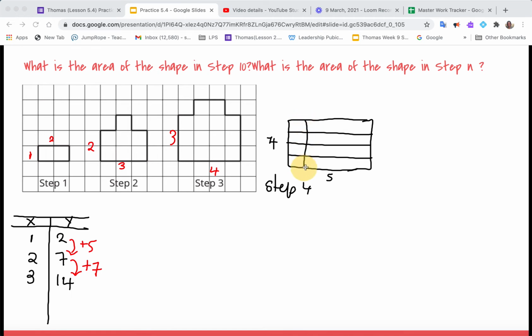So this is 1, 2, 3, 4, and we're going to have 3 excess squares. So this is my step 4. 4 times 5, that's 20. 20 plus 3, that's 23. So I know in my step 4, I am going to end up having 23 squares.